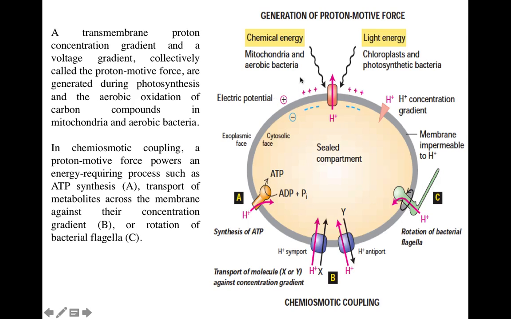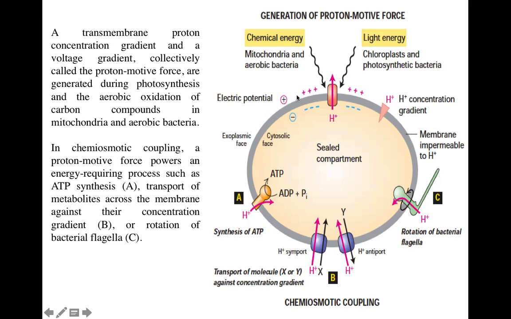So when you have got more, we have previously learned this thing as well. We have more positively charged molecules on the outside, so we have a higher concentration of that molecule, whatever it is, and we have a lower concentration of that molecule inside the membrane. So that generates a concentration gradient, which in this case is a proton concentration gradient.